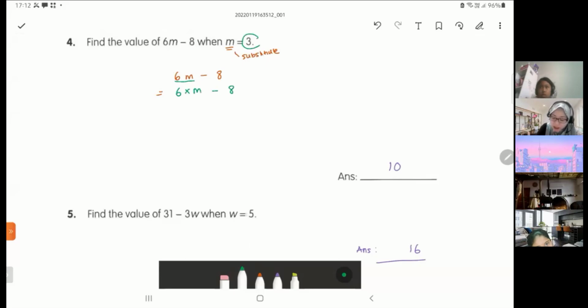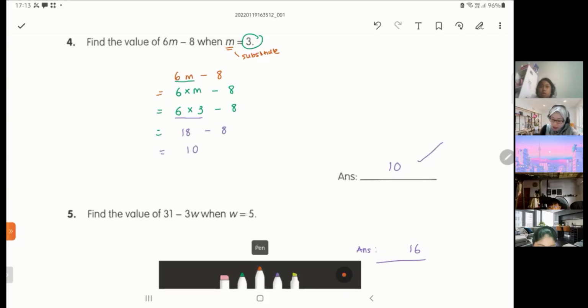We know that m is 3, equals to 6 times 3 minus 8. BODMAS rule tells me that I need to solve the multiplication first. So 6 times 3 is 18. Minus 8 equals to 10. So this is correct. Very good, just now.